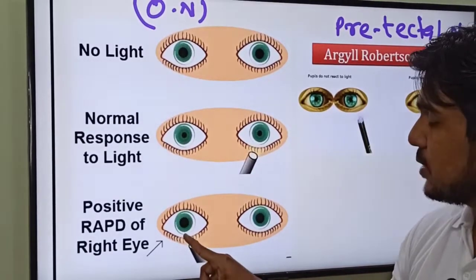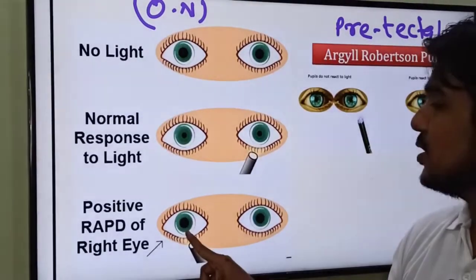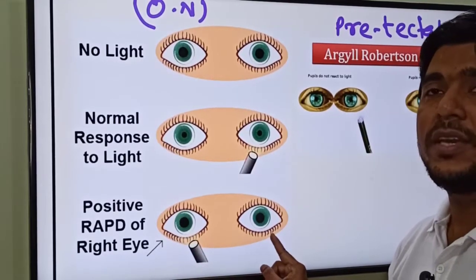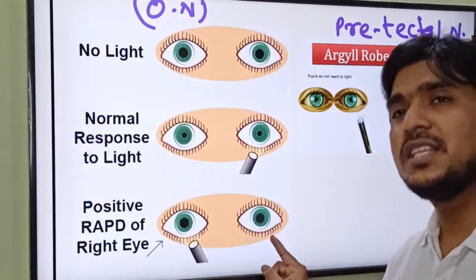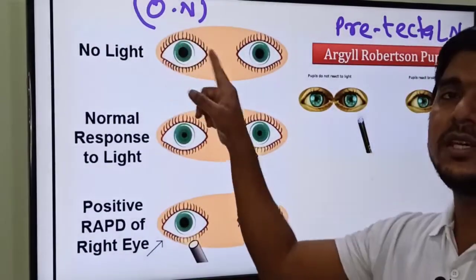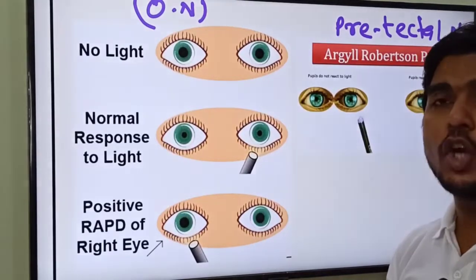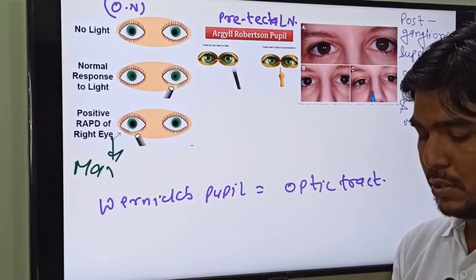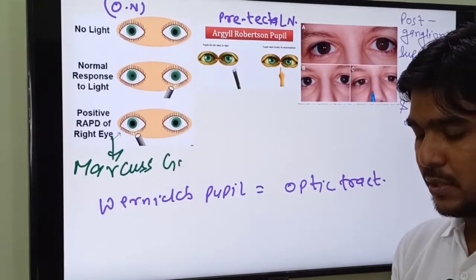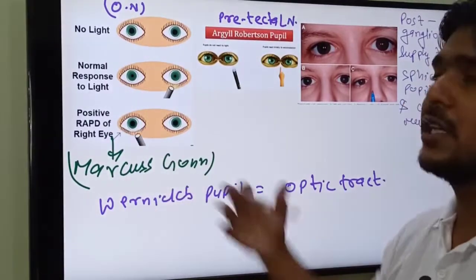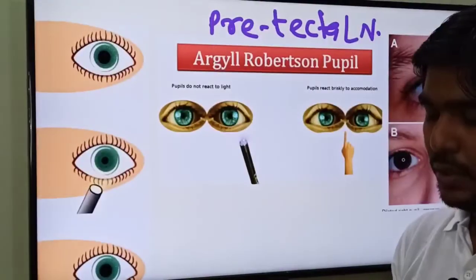But when the light is put here, this is not constricted and this is also not constricted. Means there is a lesion in the optic nerve. What is this type of pupil called? Marcus Gunn. So they can give you this photo and ask you the type of pupil.